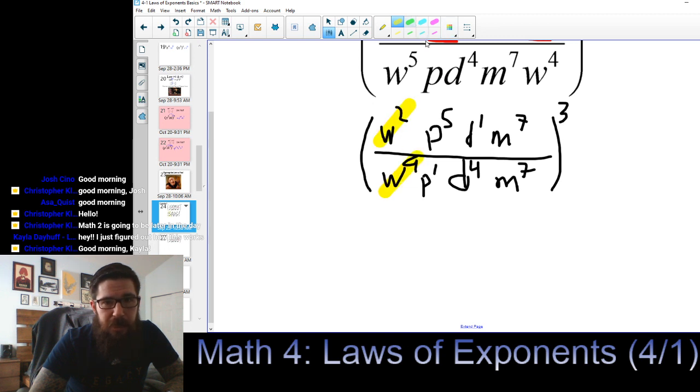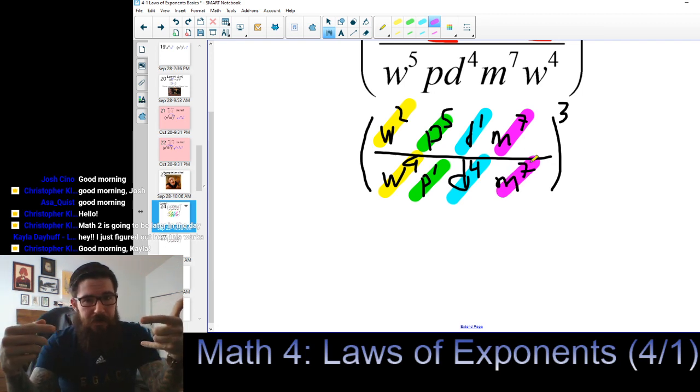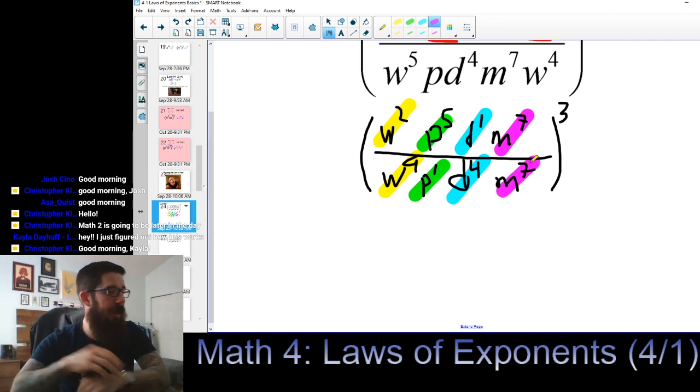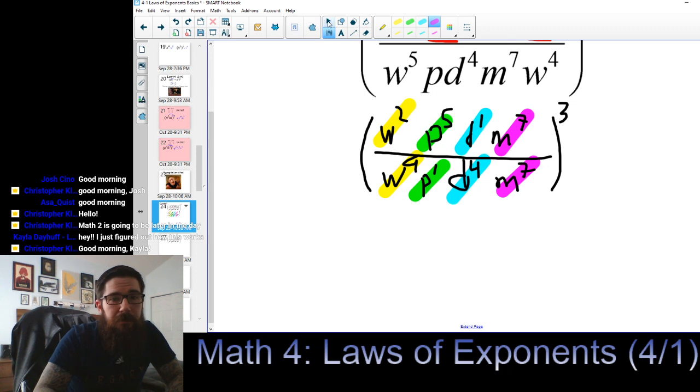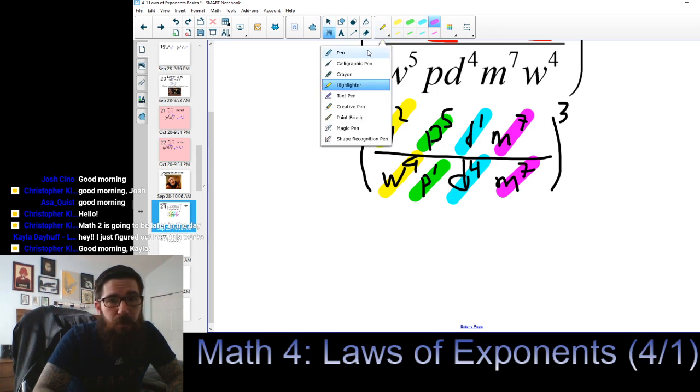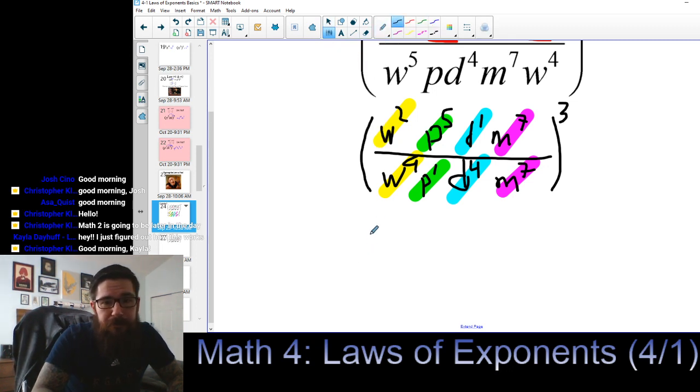These guys are all the same. If you look right here and match these colors, I'm basically matching exact same base, and I've got division in between them. That's what that fraction bar is going to mean. Let's just straight up divide them. That's law number 2. What's that going to look like? We're going to subtract those exponents.